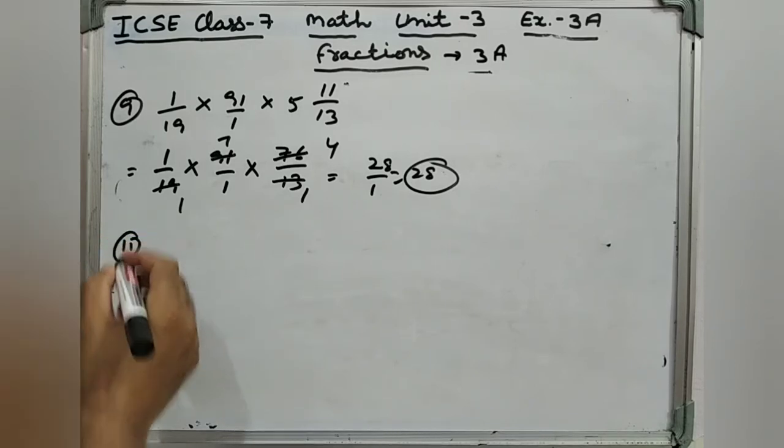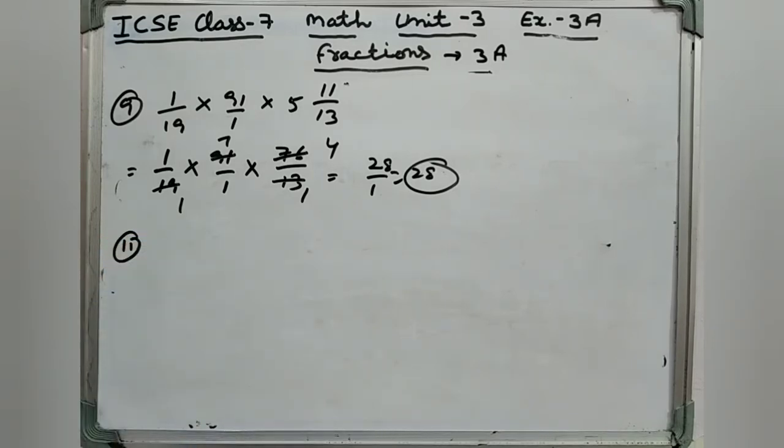A car can travel 12 1/2 kilometers in 1 liter of petrol. How much distance can it travel in 42 3 upon 5 liters of petrol?